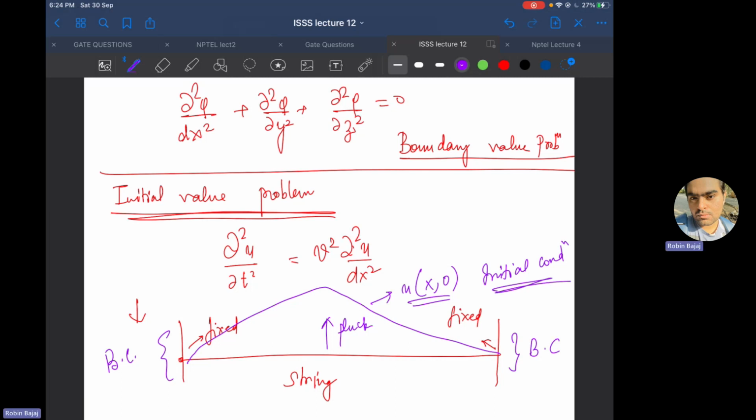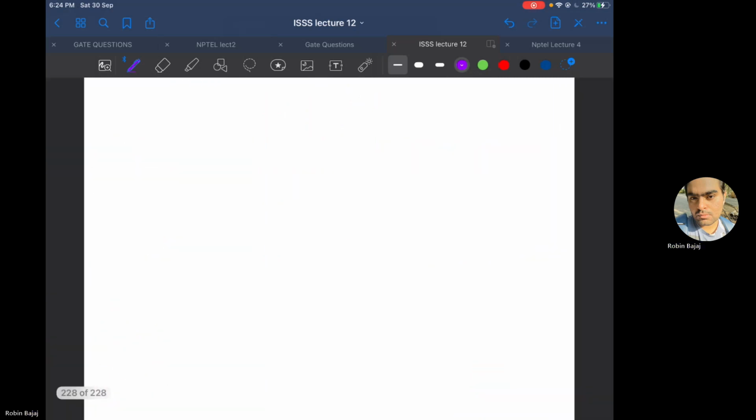And at the ends, u at 0 and u at L, this has to be 0 at all times. So this is a combination of both the initial value problem and the boundary value problem. Let's start our topic today with the boundary value problem.